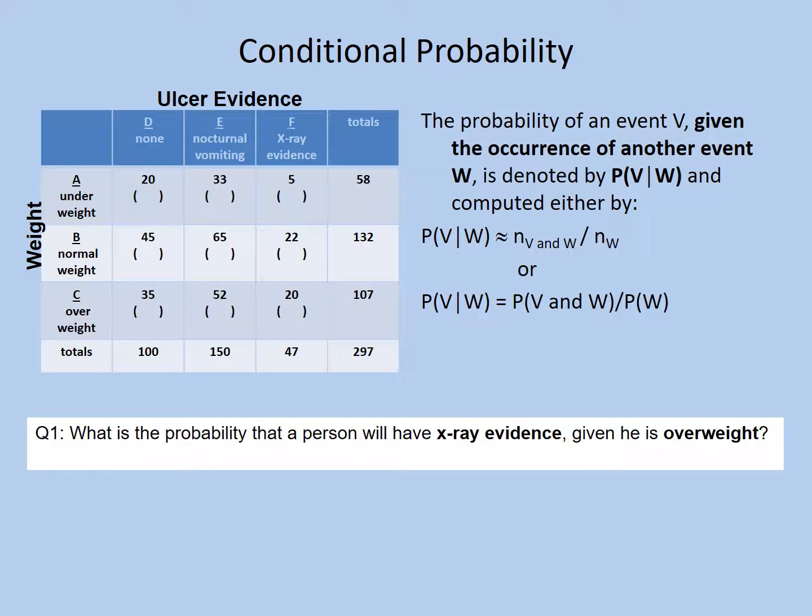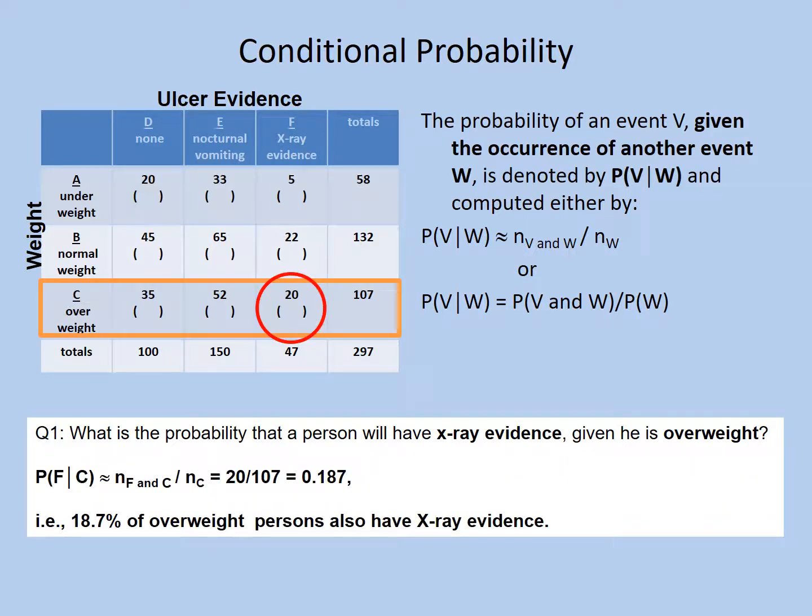Given this definition of conditional probability, we now ask, what is the probability that a person will have X-ray evidence given that he is overweight? This is the probability of having the event F, having X-ray evidence, given the event C, being overweight. You will notice in the table that there are 20 people who are both overweight and have X-ray evidence.